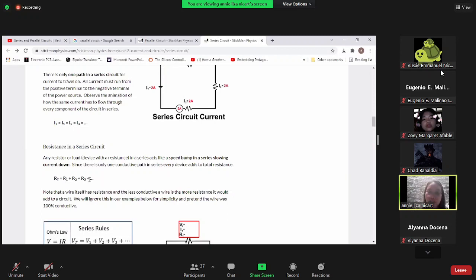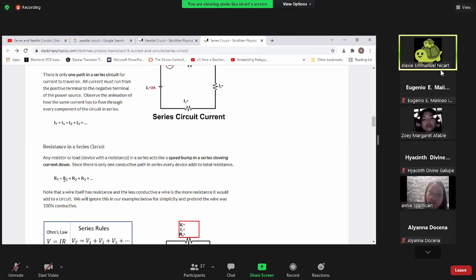So if you add more loads connected in series, what happens to the total resistance of the circuit? If you add more loads, it increases.